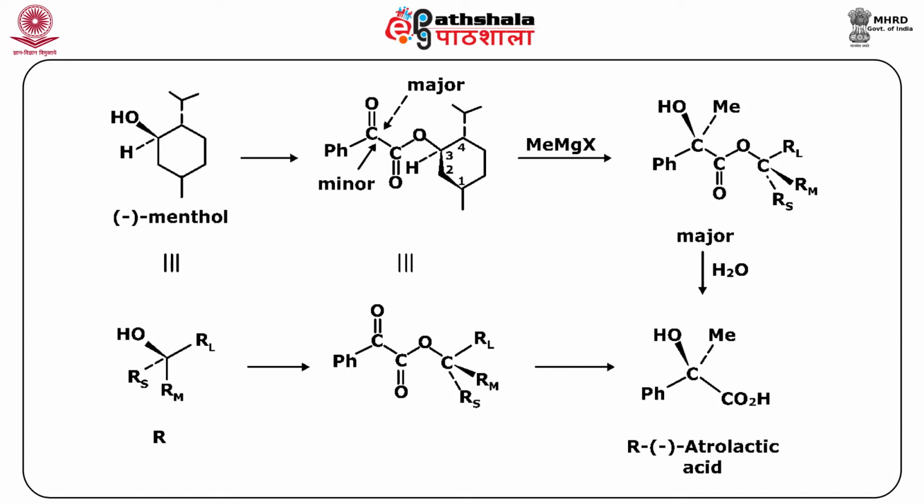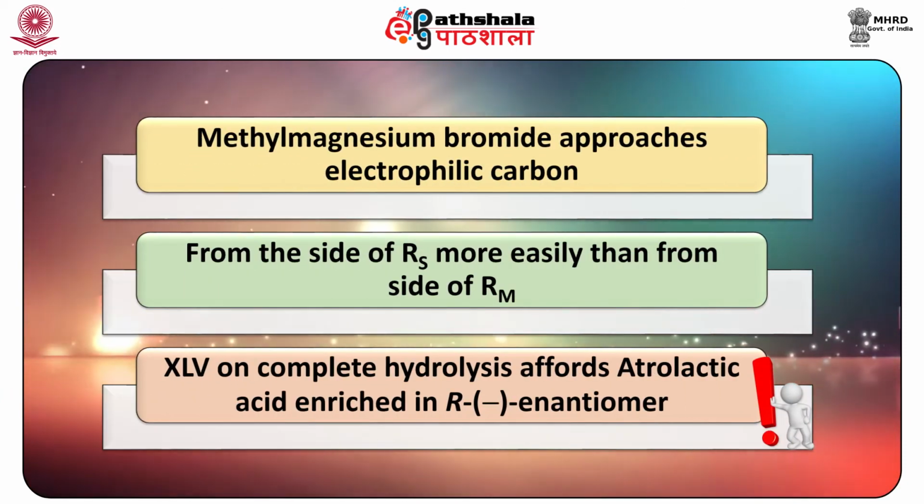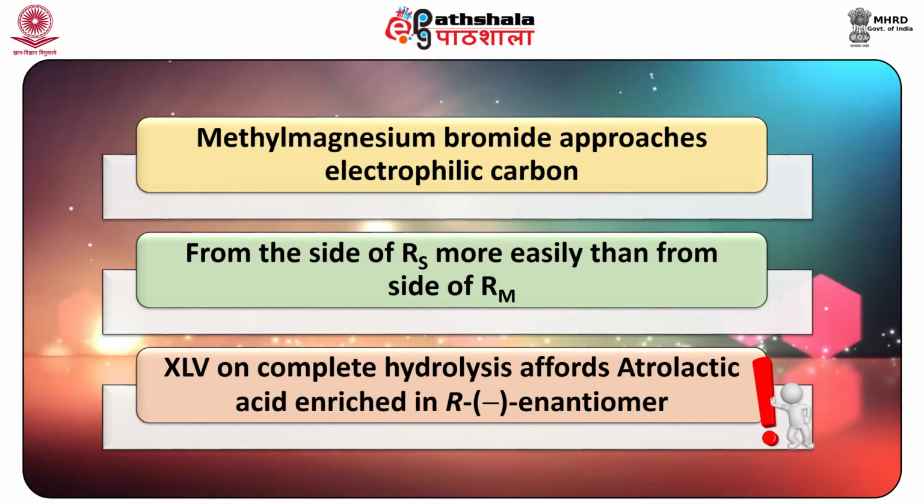Rs with hydrogen and Rm at C2 are in back and front of the plane respectively. Methyl magnesium bromide approaches the electrophilic carbon of the ketonic carbonyl from the side of Rs more easily than from the side of Rm.